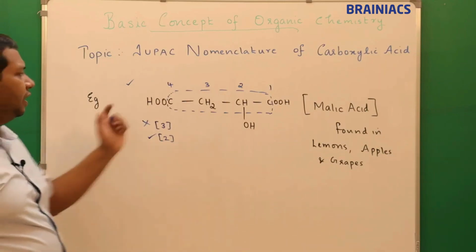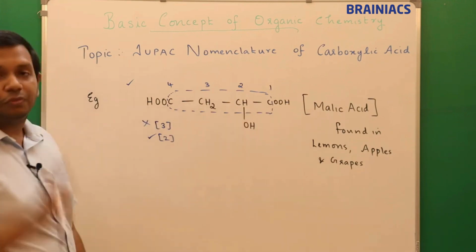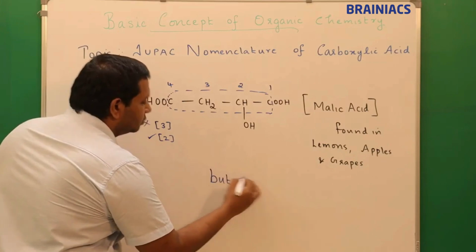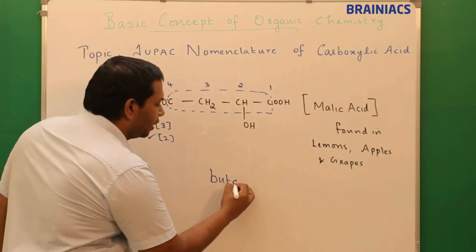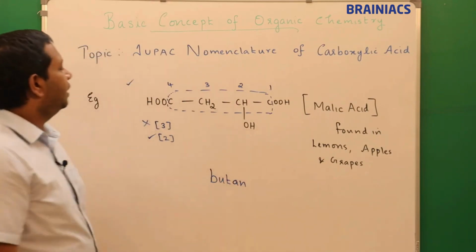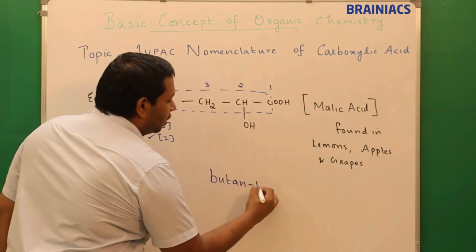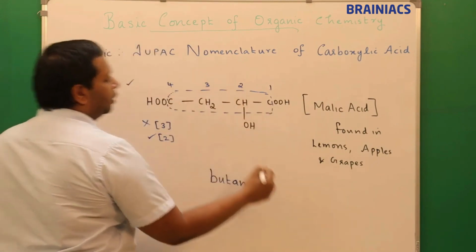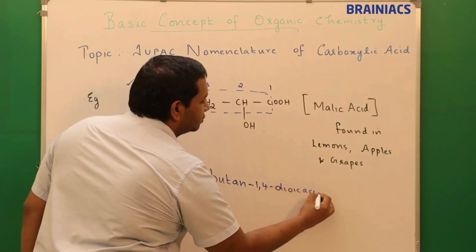Now the next case is naming it. Tell me, parent chain has how many carbon atoms? 4 carbon atoms. So we use the word root but, and all are linked by single bond, so I will use butane. Then I know that at 1 and 4 you have carboxy. So 1,4. Then both 2 are there, so I use the term dioic acid.